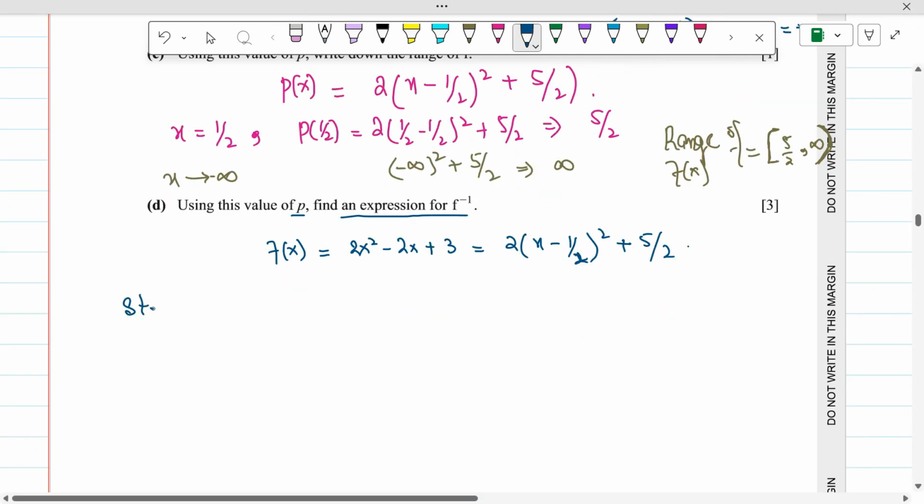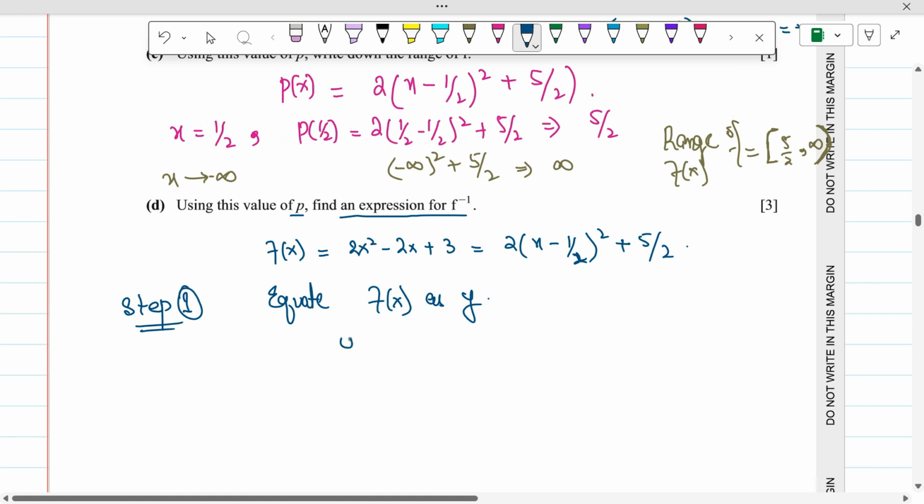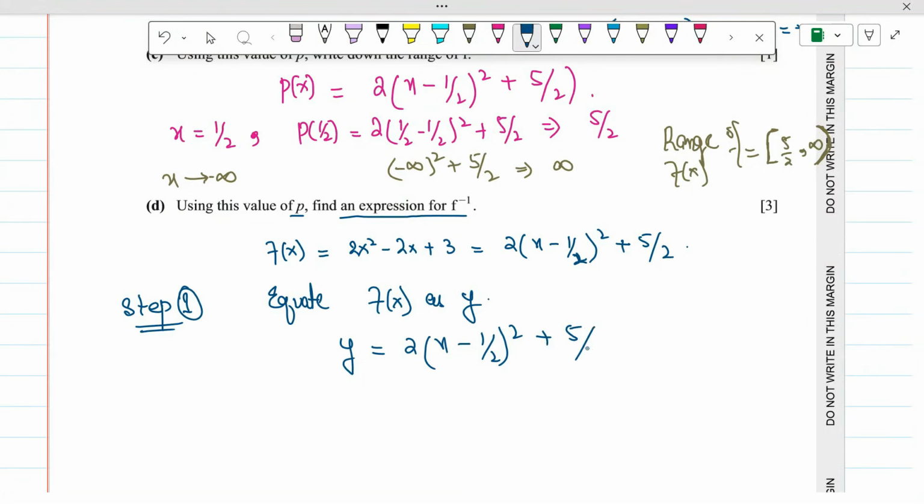To find the inverse, we apply step 1, which says to equate f of x as y. So y is equal to 2 times (x minus half) whole squared plus 5 by 2.